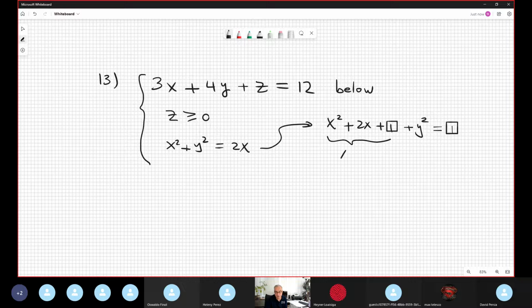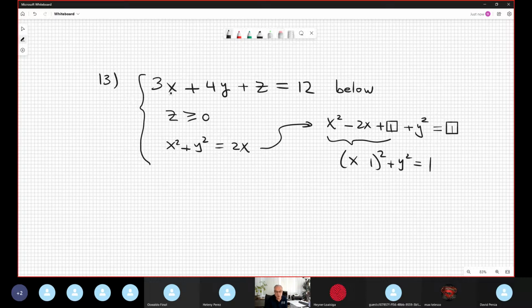Therefore, this trinomial is a perfect square. X plus 1. Plus 1 or minus 1? Plus, no? Let me see. Is it plus or minus? Plus, no? No, hello. It's minus here. It's minus because I moved this guy to the other side. Nice. And it's a minus.